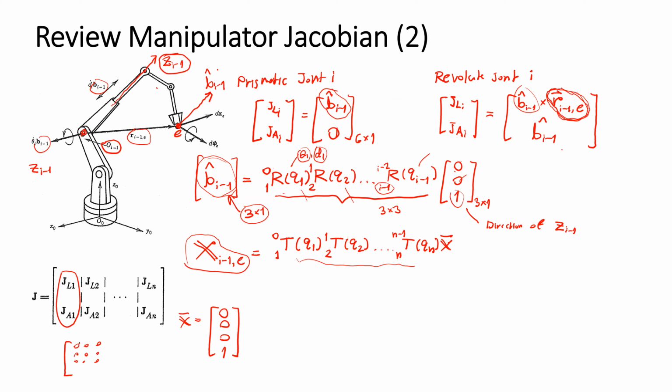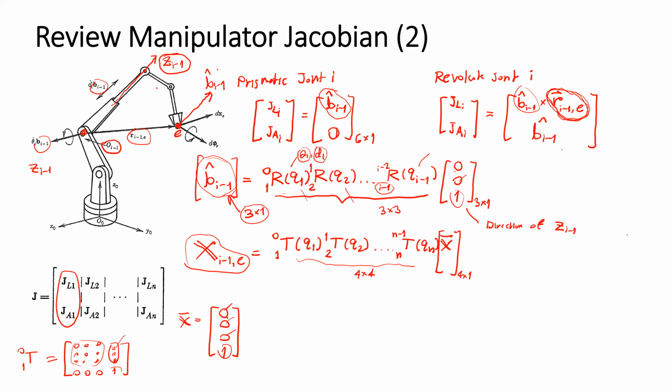We have 9 components for the rotational metric, 0, 0, and 1 in the bottom row, and these 3 components for the position. So this will be 4x4. The x vector will be 4x1, and the components will be 0, 0, 0, except the last one will be 1.